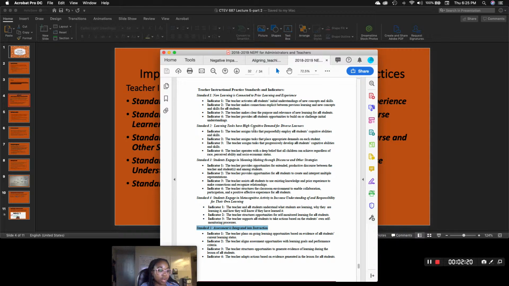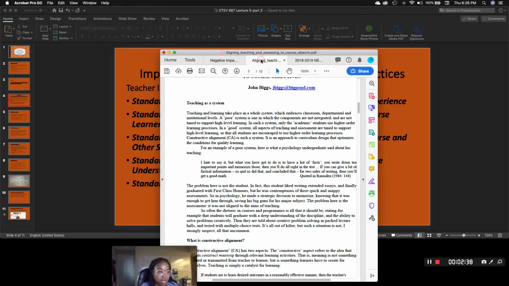And then number 5, assessment is integrated into instruction. So in this respect, assessment is not looked at as the end-all be-all, but it's integration of everything that you have as an educator within your practice day to day.